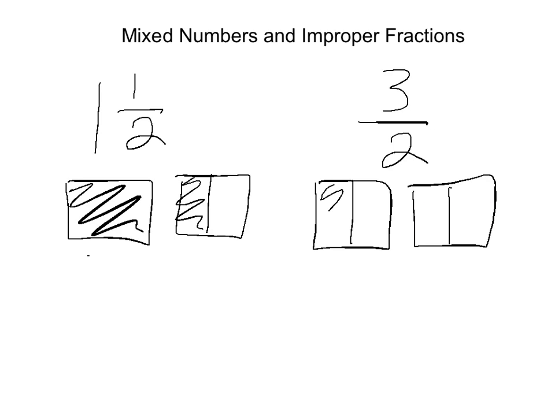If I have 3 out of the 2 pieces colored, it would look like this. 1, 2, 3 pieces colored, which is still the same as 1 1/2. And we'll go over how to change them in a minute.